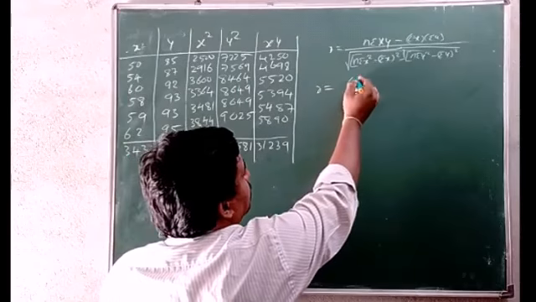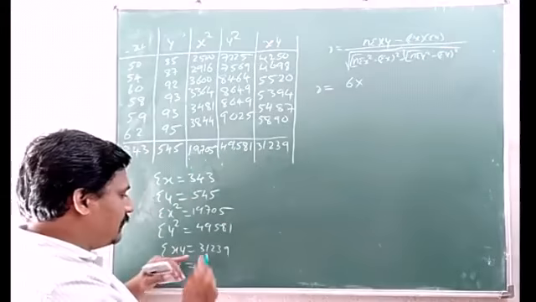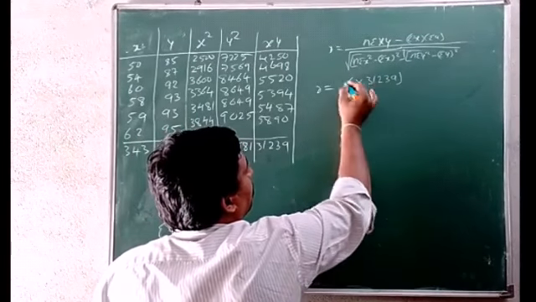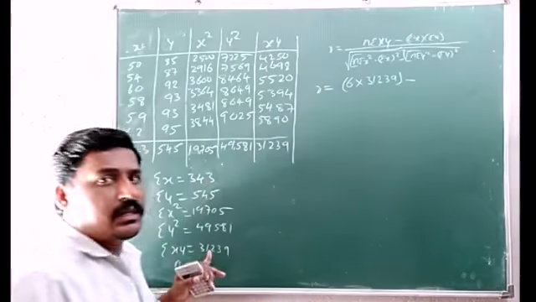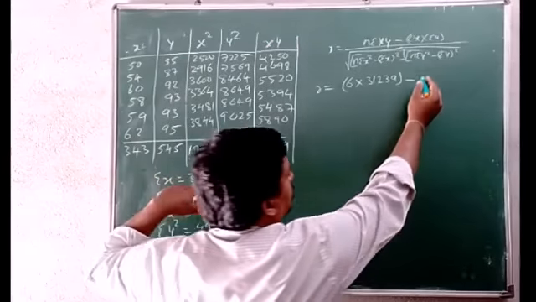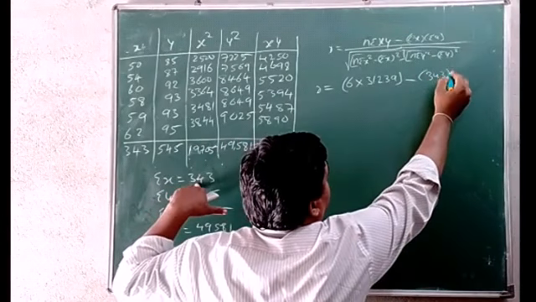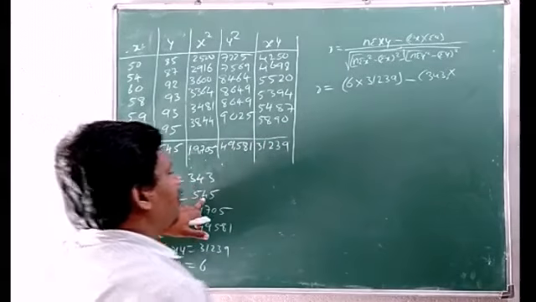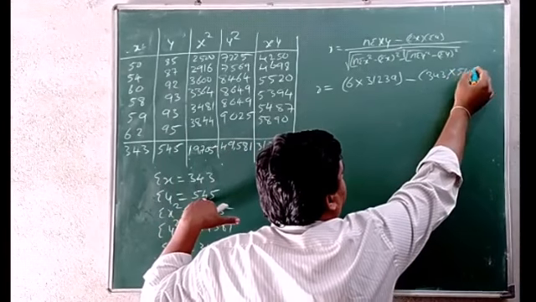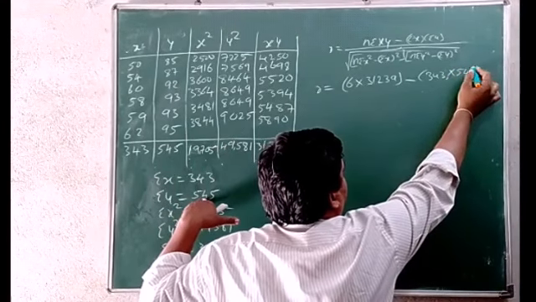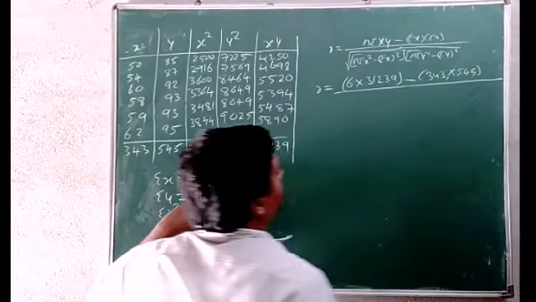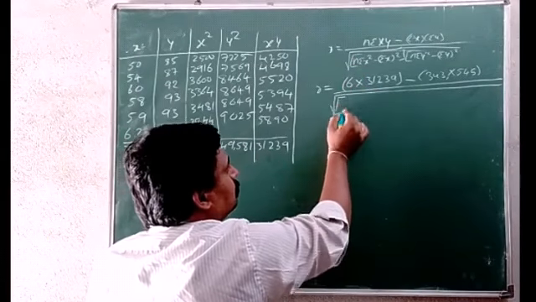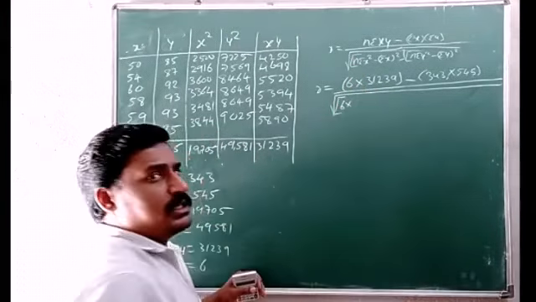So 6 into summation xy. Summation xy is 31,239 minus summation x, 343 into summation y, 545, whole divided by root of n. n is 6. 6 into summation x square.